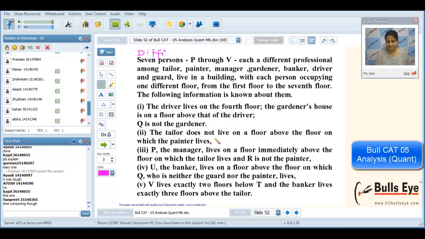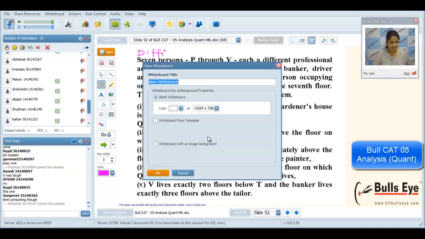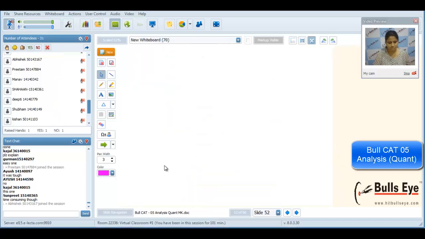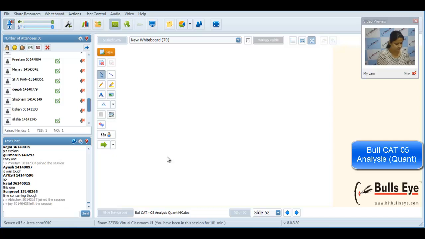See, what is the thing here? The tailor does not live on a floor above the floor on which the painter lives. Just a second. See, there are 7 floors.